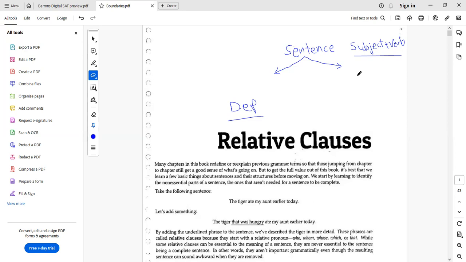But for me right now, what is important to know is that for the sentence to be simple or compound or complex or compound complex, it must consist of an independent clause.